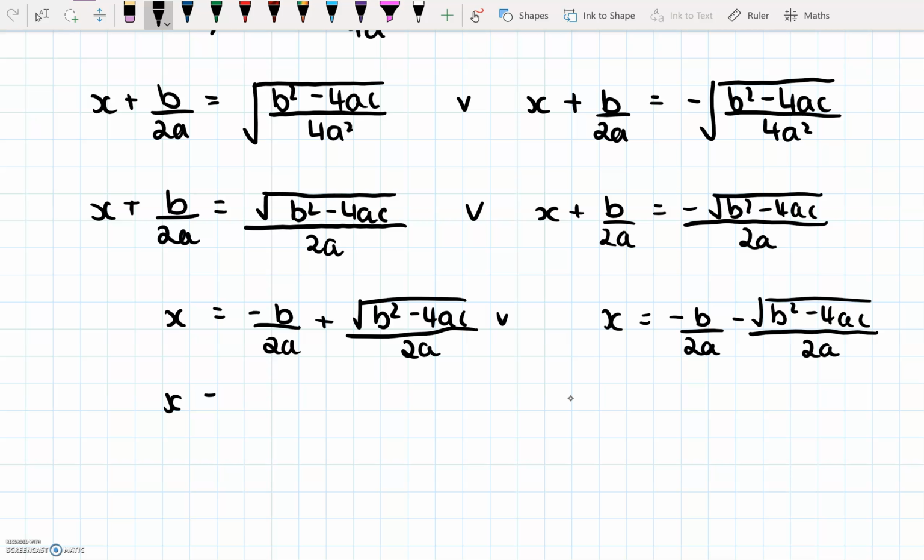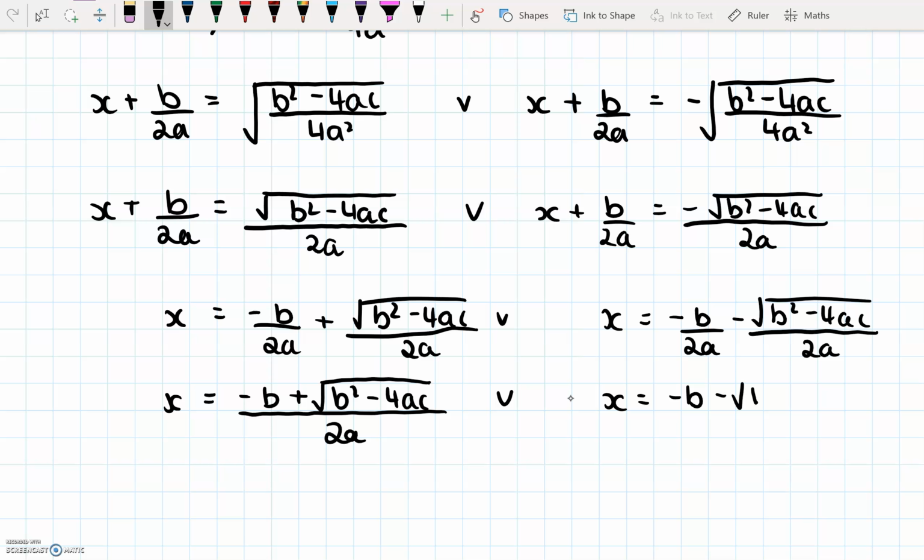So x equals negative b plus the square root of b squared minus 4ac, over 2a, or x equals negative b minus the square root of b squared minus 4ac, over 2a. And here we're basically done.